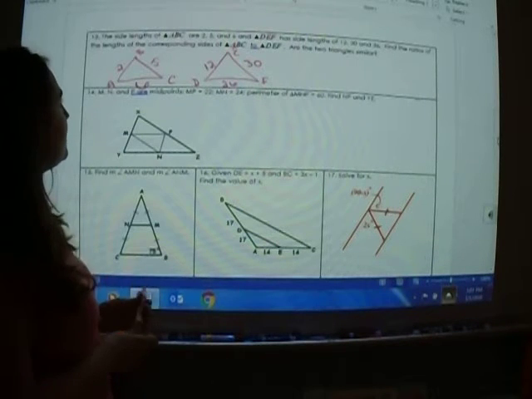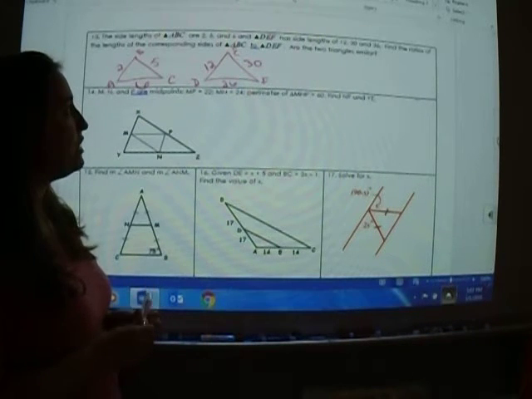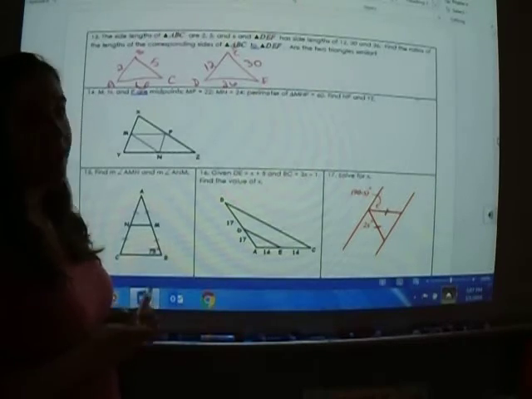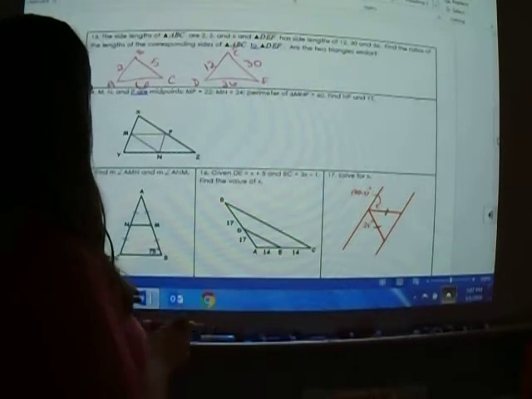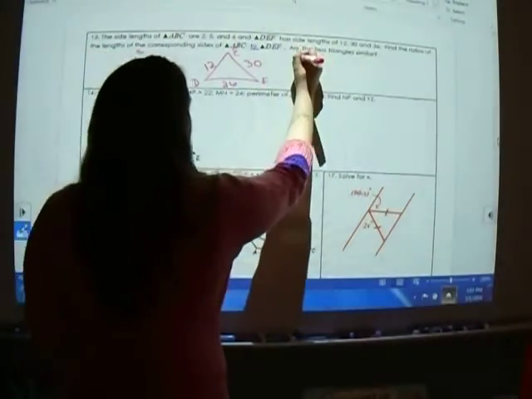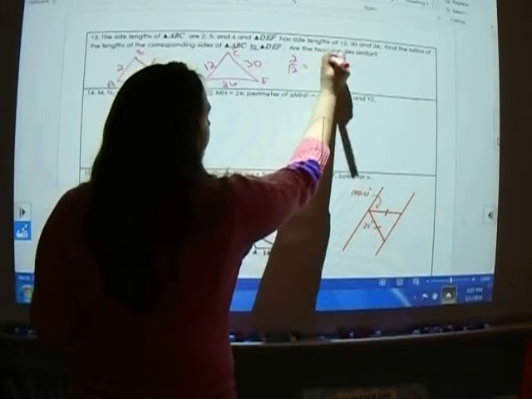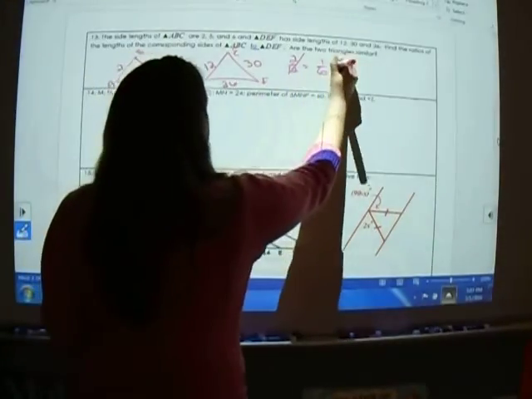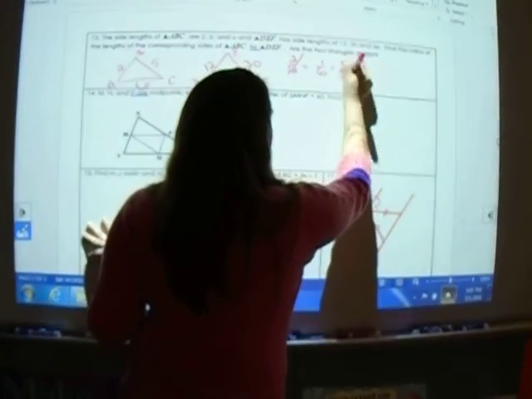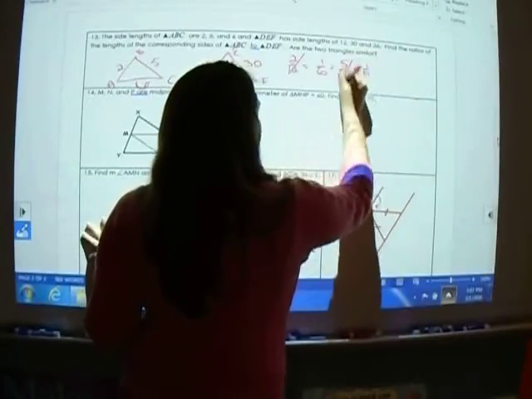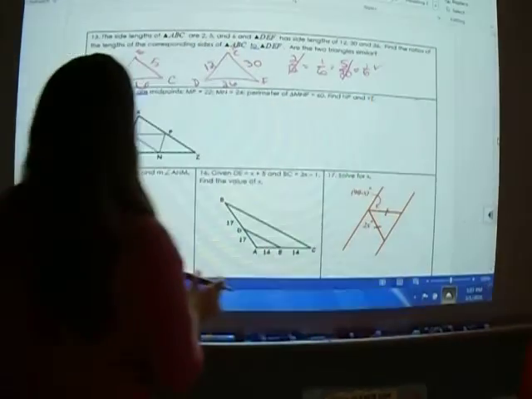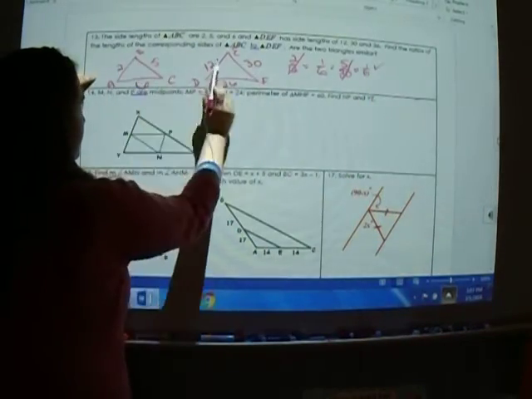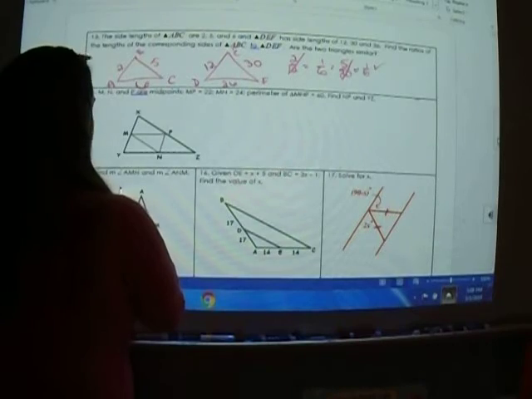Find the ratios of the lengths of the corresponding sides of triangle ABC to triangle DEF. So we need to check if they're similar, okay? So 2 over 12, which by the way equals 1 over 6, right? So we can cross that out. Does that equal 5 over 30, which equals 1 over 6? So check, right? So we checked, this works out, all right?